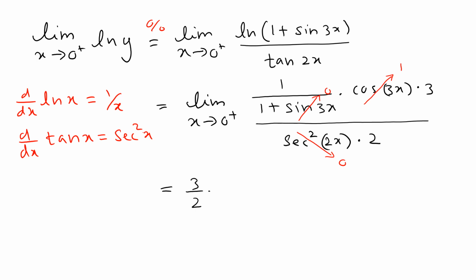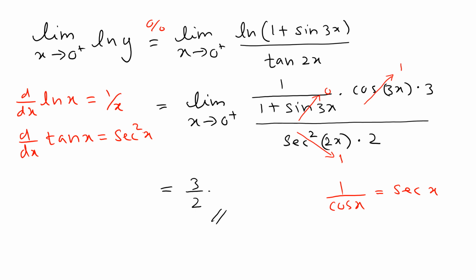Since the cosine goes to 1, secant goes to 1. Actually it's not 0, so it goes to 1. That means all those terms go to 1. So because of that, you simply end up getting 3/2 as the answer. So that's the answer for this limit.